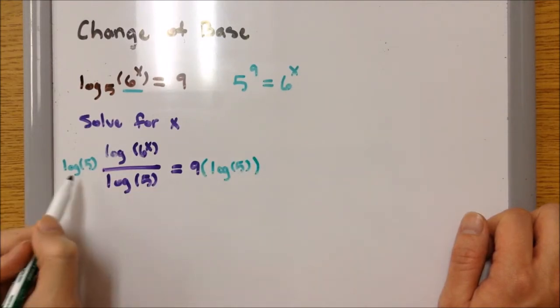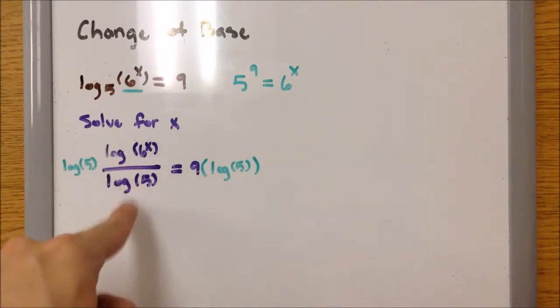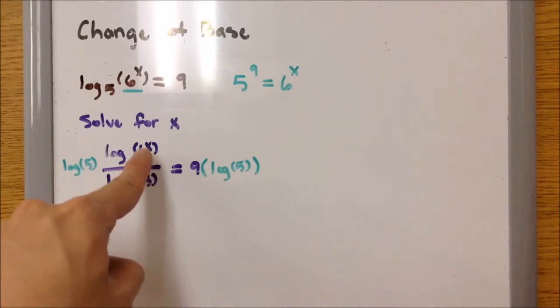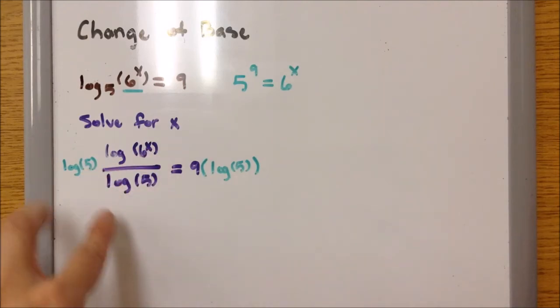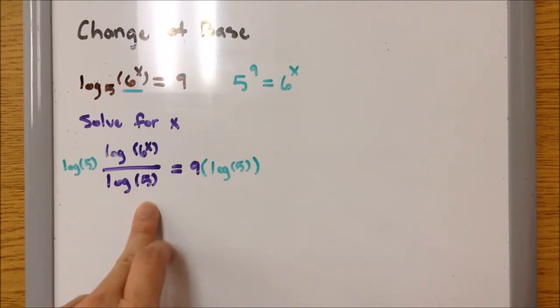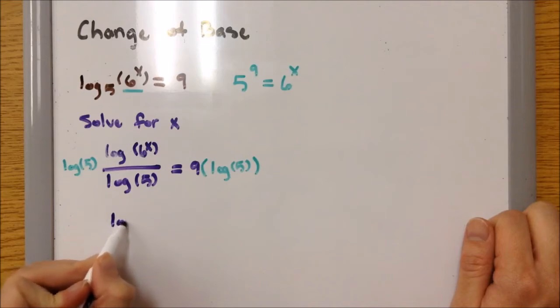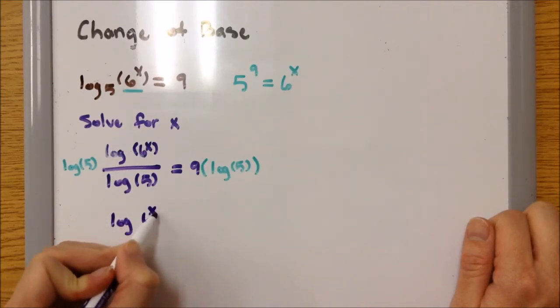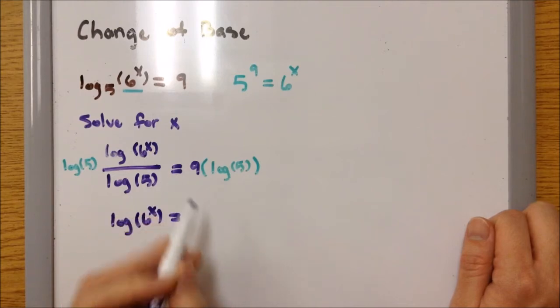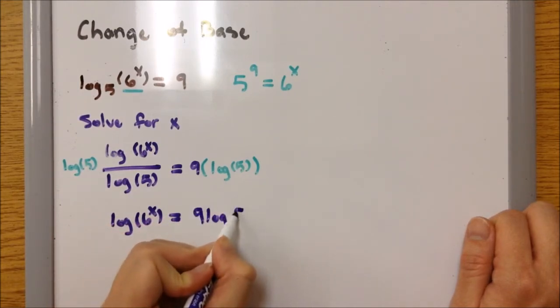Now on the left side, log 5 times log of 6 to the power of x divided by log 5 ends up being log 5 divided by log 5, which becomes 1. And then 1 times the numerator will be simply log of 6 to the power of x on the left side. And on the right side, it will be simply 9 log of 5.